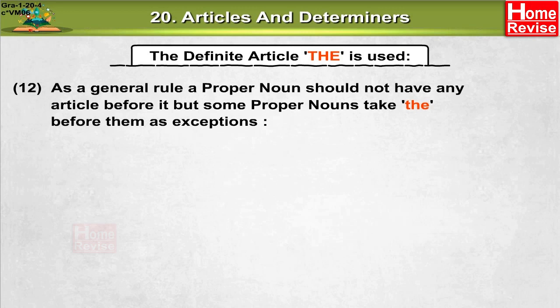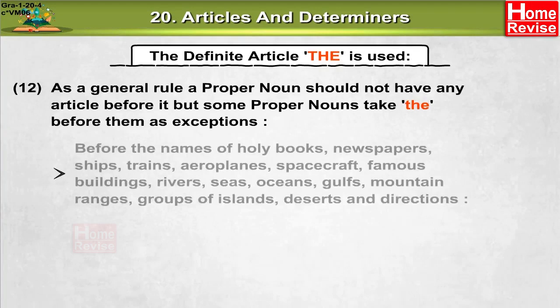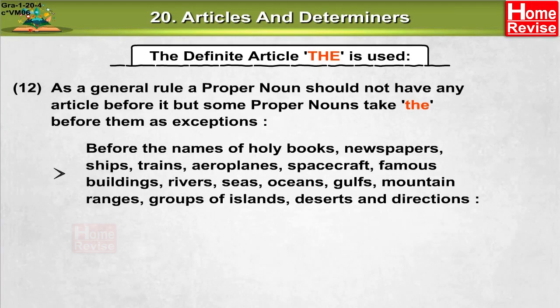12. As a general rule, a proper noun should not have any article before it, but some proper nouns take the before them as exceptions. Before the names of holy books, newspapers, ships, trains, aeroplanes, spacecrafts, famous buildings, rivers, seas, oceans, gulfs, mountain ranges, groups of islands, deserts, and directions.